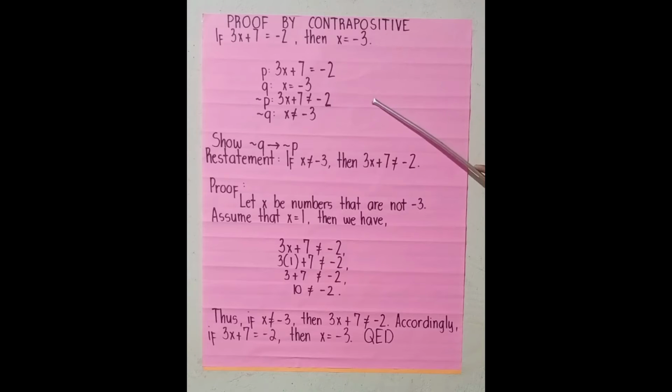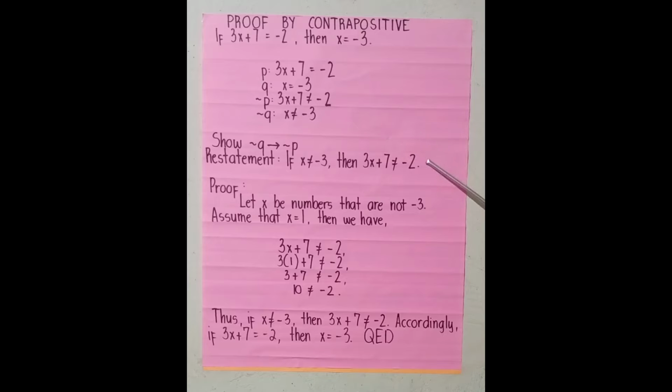Then the not p is the negation of p, so that is why it is 3x + 7 is not equal to -2. And not q is also the negation of q, which is x is not equal to -3. So we will show: if not q, then not p.